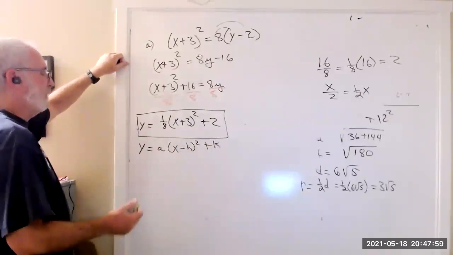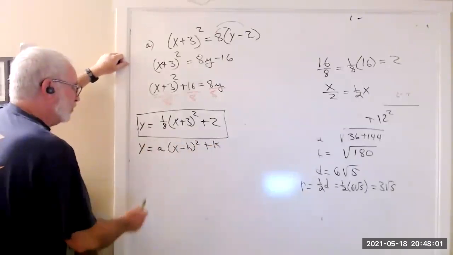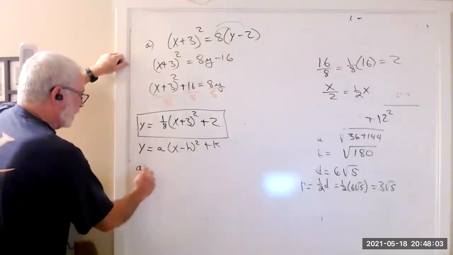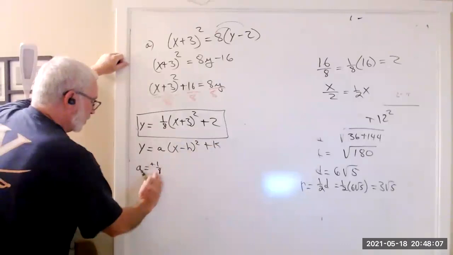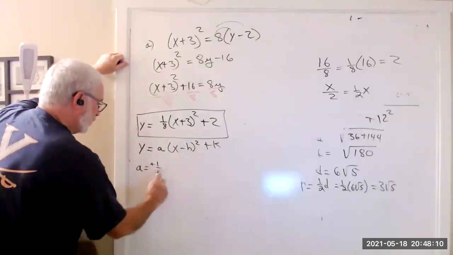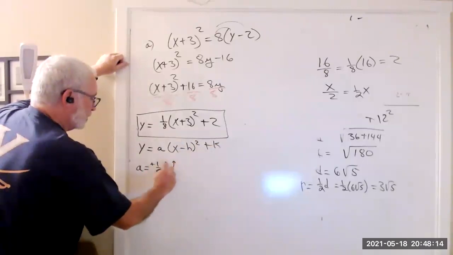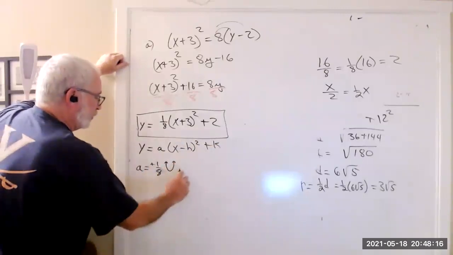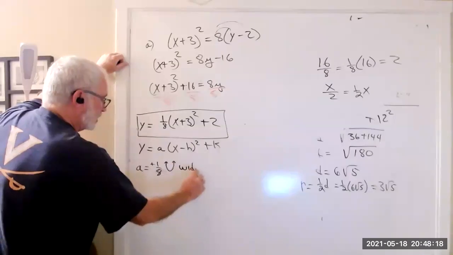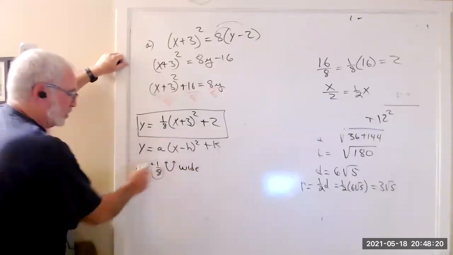Are you okay with my arithmetic so far? Yes. Okay, so really cool here. First off, my a is positive 1/8. This means it's going up because it's positive, and it's very wide because it's a fraction.